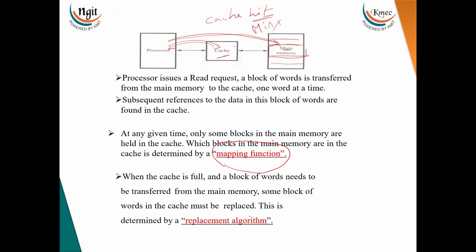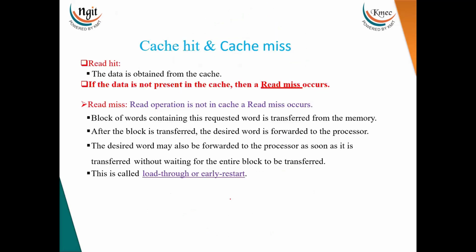This is determined by the replacement algorithm. If the cache is already full and a new block needs to be moved from the main memory to the cache memory, which block has to be replaced with the new block is decided by the replacement algorithm.